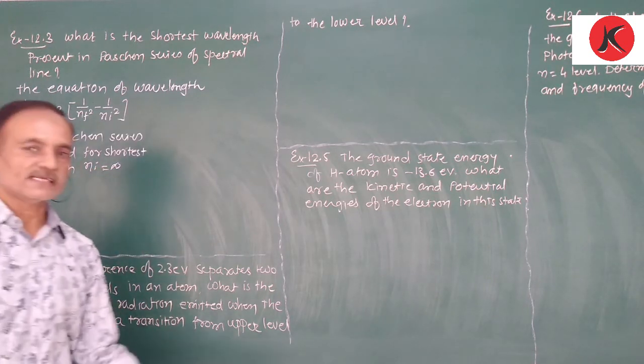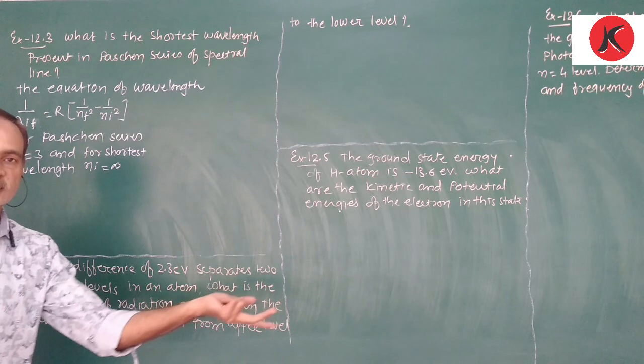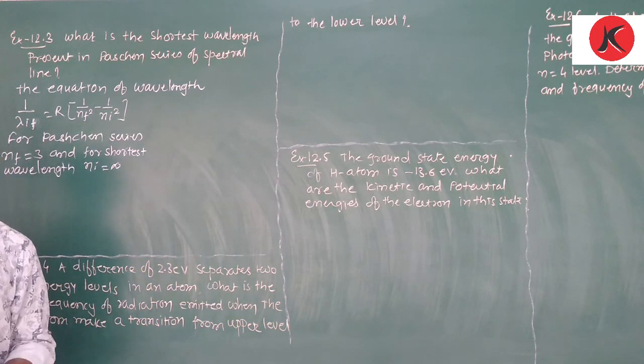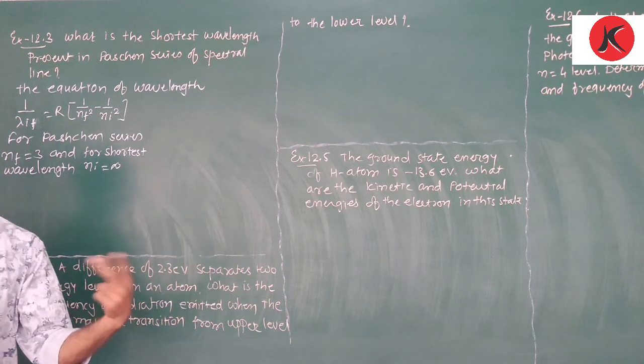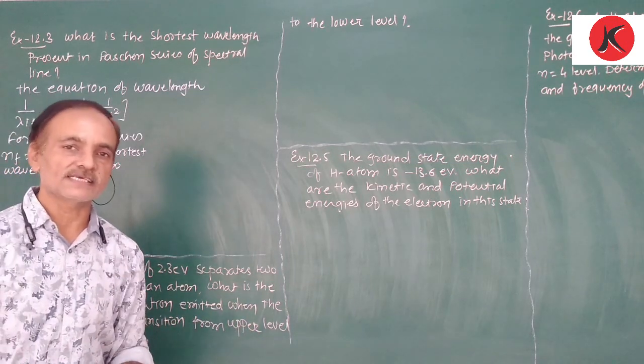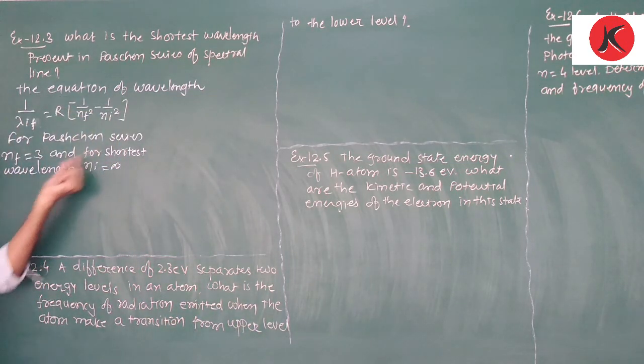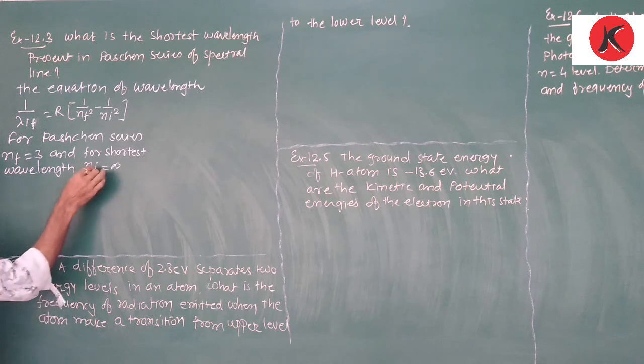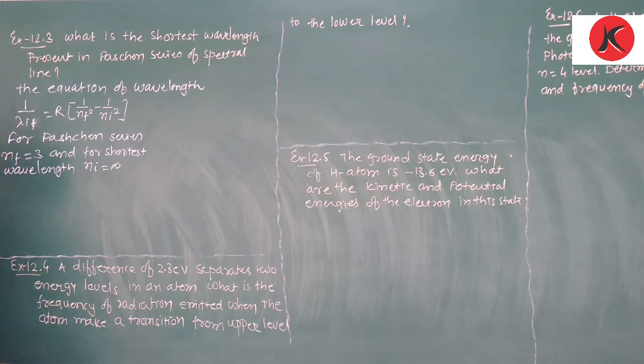As the electron makes a transition from a larger orbit to the given orbit, the frequency is more while the wavelength is less. For that purpose, for the shortest wavelength, we have to consider ni equal to infinity.